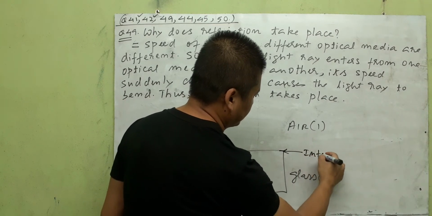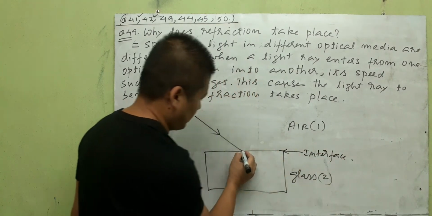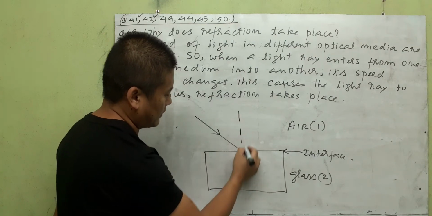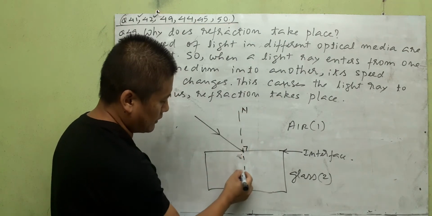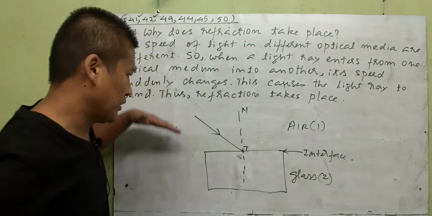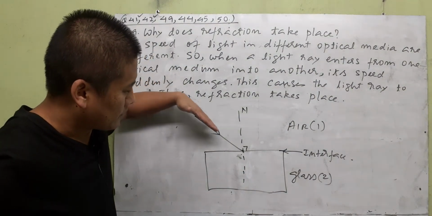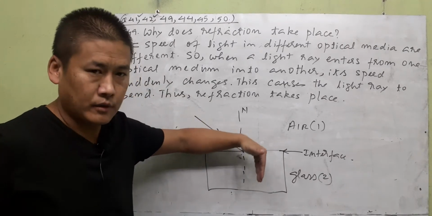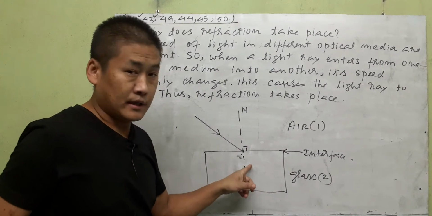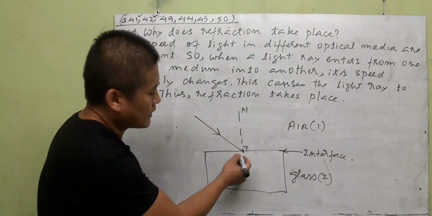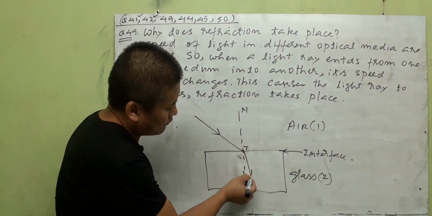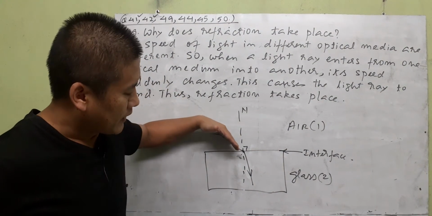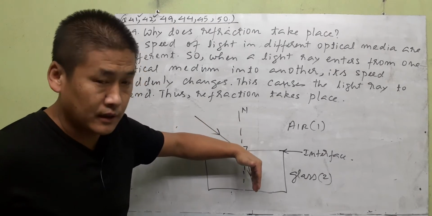Now at the point of incidence, if you draw an imaginary line perpendicular to it, that is called the normal. The speed of this light is very high in air, but when the same ray enters glass, the speed of light in glass is quite slow, so lesser. Because of the sudden decrease in speed, it will bend towards the normal.